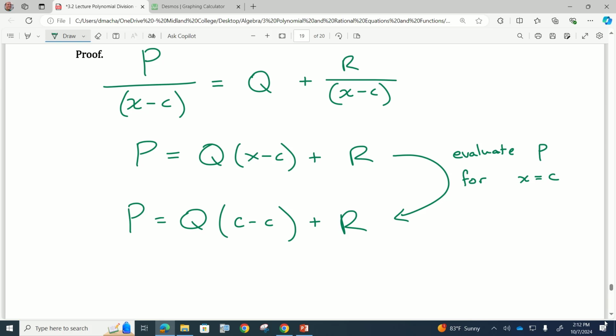And this c minus c is just 0. So that means P is equal to Q times 0. So that whole part is just 0 plus my remainder. In other words, my polynomial is equal to my remainder when I evaluate at the point x equals c.